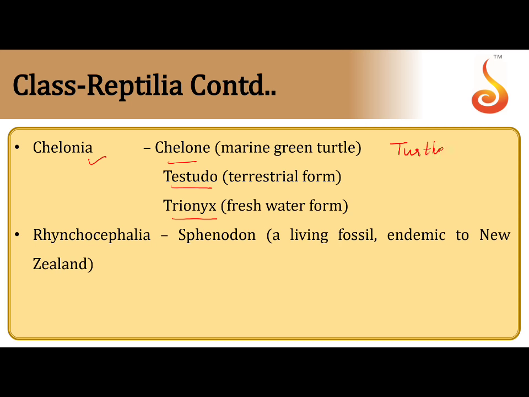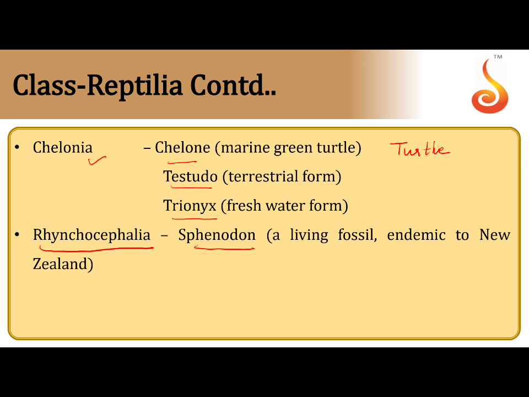Then you have Rhynchocephalia, that is Sphenodon. Now, this is another interesting organism. This organism is very old. You can say that this is one of the earliest evolved reptiles. It was also one of the first formed reptiles.